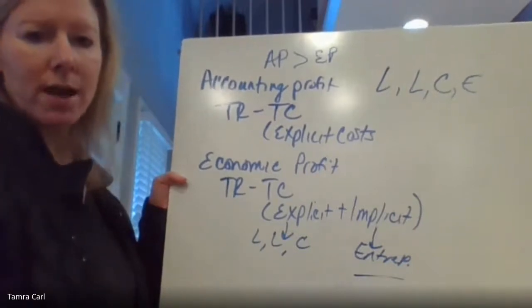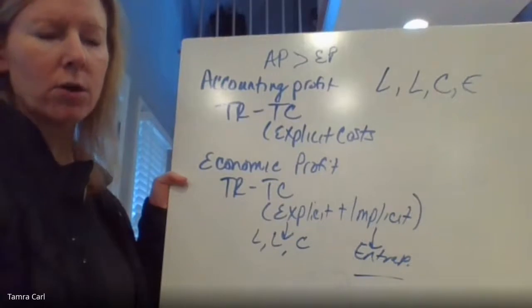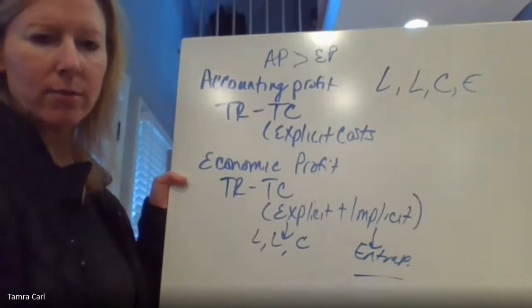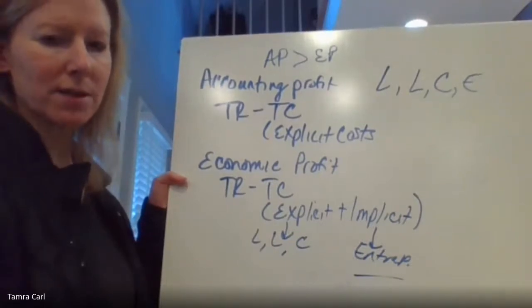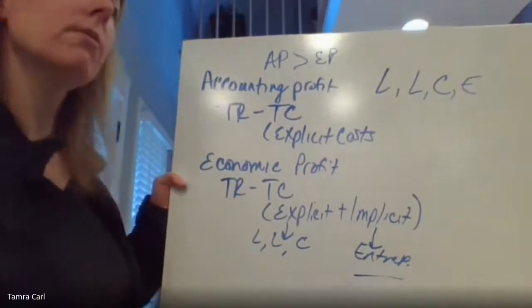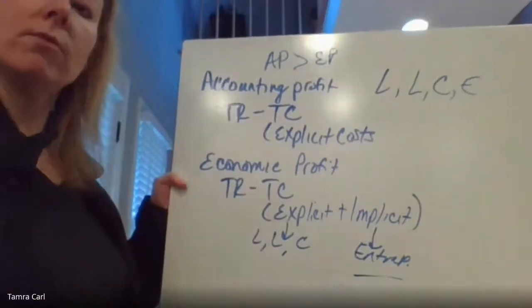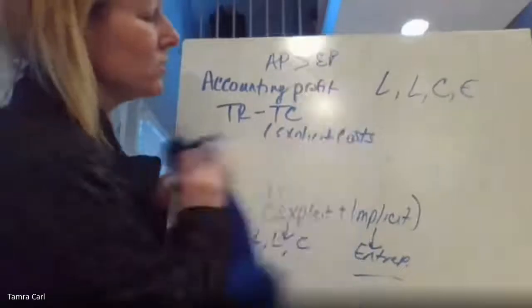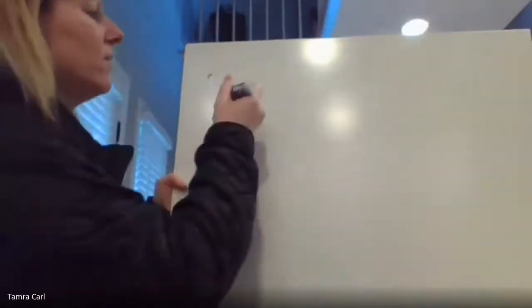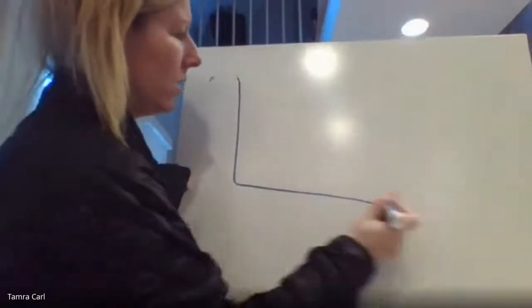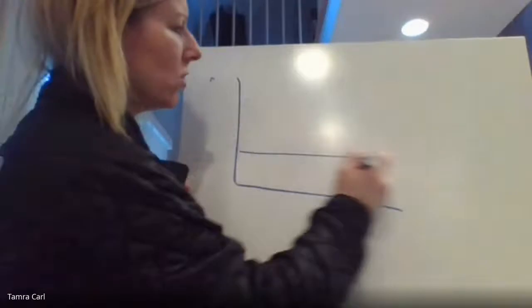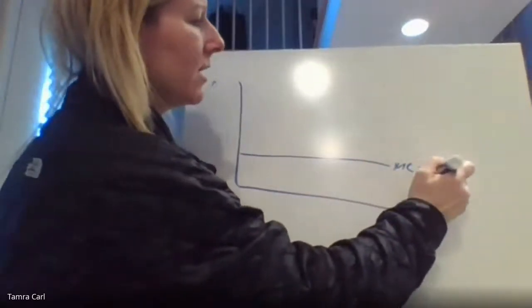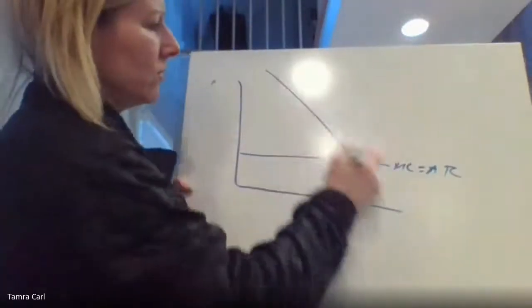Whenever you are looking at a graph that we have, we're always talking about economic profit. We're looking at explicit and implicit costs. I remember when we were doing Monopolistic Competition, they had a scenario that was pretty straightforward, where the marginal cost was equaling the average total cost, and they made it really easy, right?